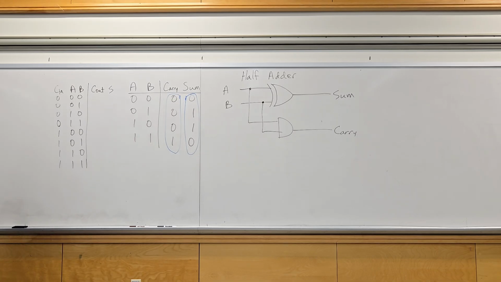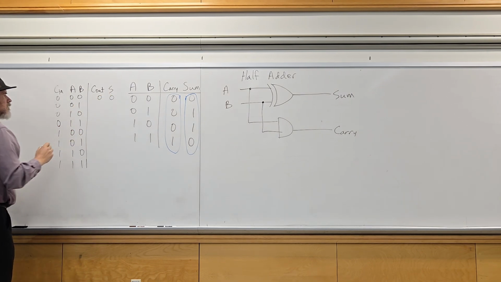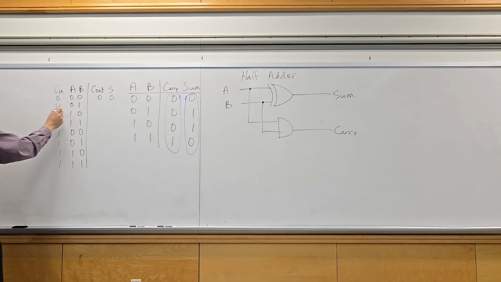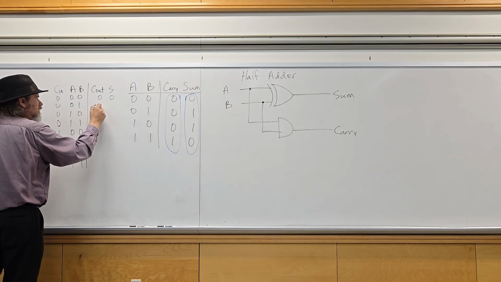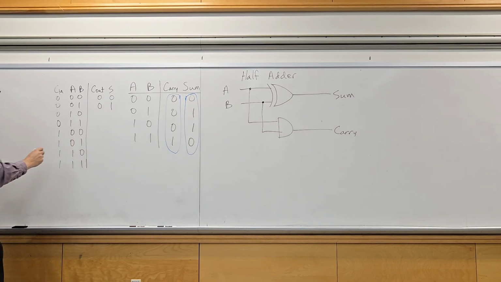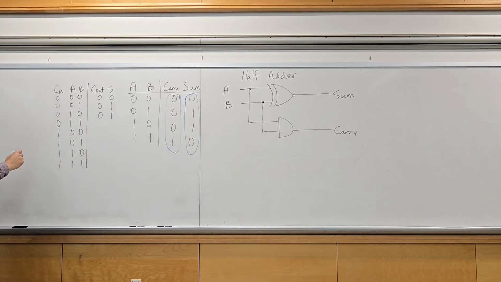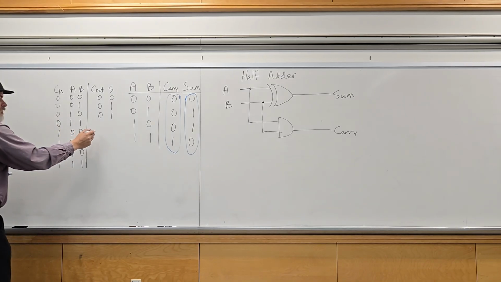So you have 0 plus 0 plus 0, 0, 0. 0, 0, 1. 0, 1, 0. 0, 1, 1.